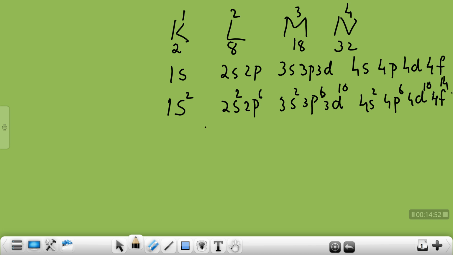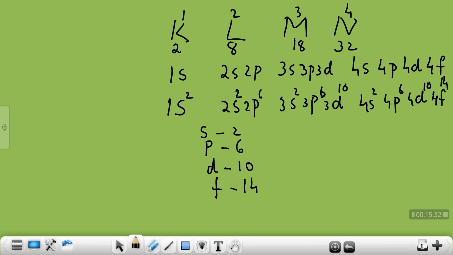So from this we can find the maximum number of electrons in the s subshell is 2, in the p subshell is 6, in the d subshell is 10, and in the f subshell is 14. So after filling 2 electrons in the s subshell, only then will electrons go to the p subshell.